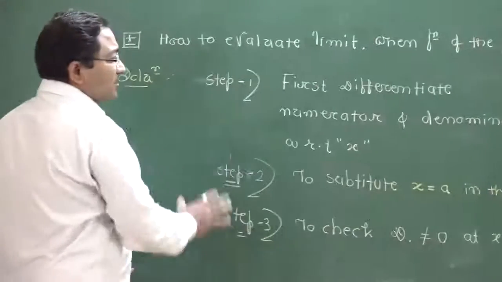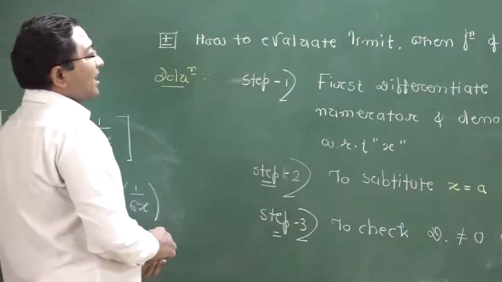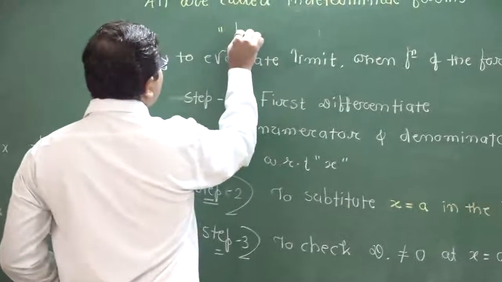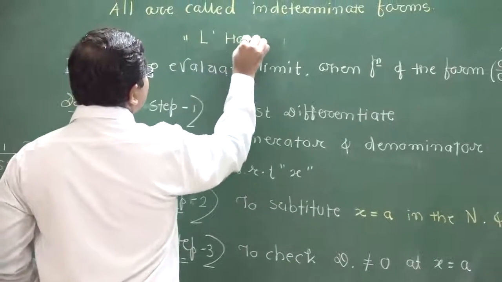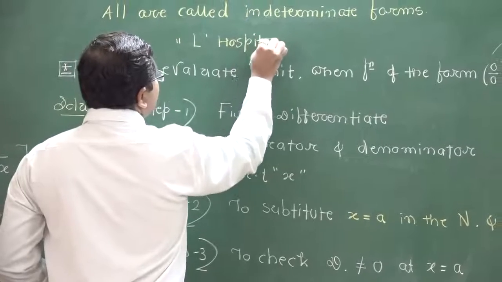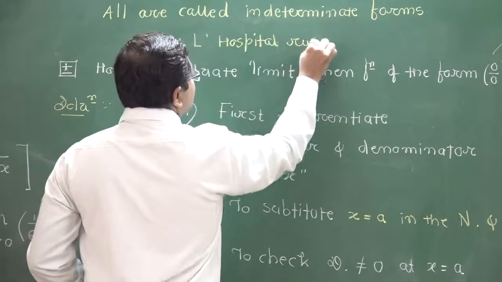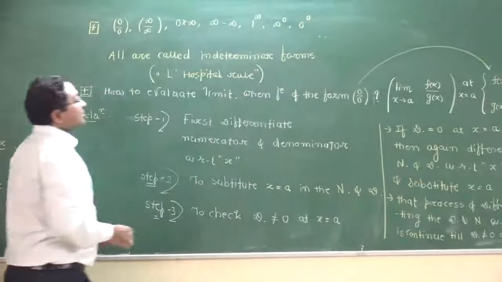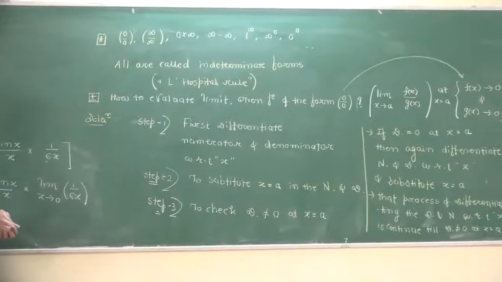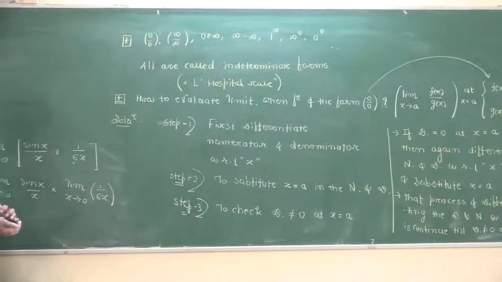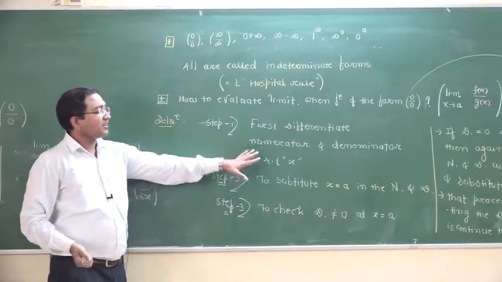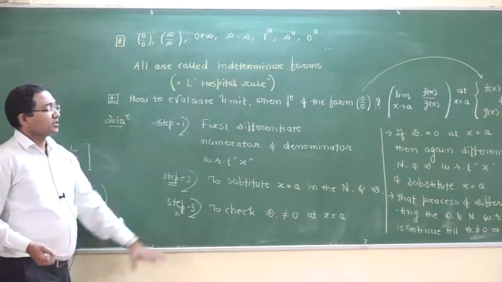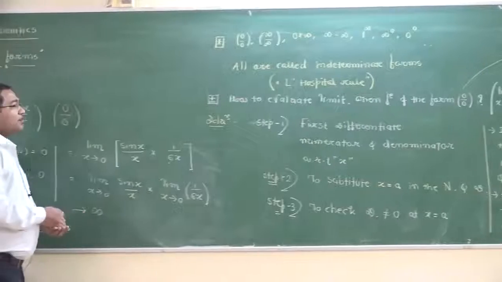In general, that whole process is known as the L'Hospital rule. According to that process, we can calculate some examples using the L'Hospital rule. So now let us go on to the examples.